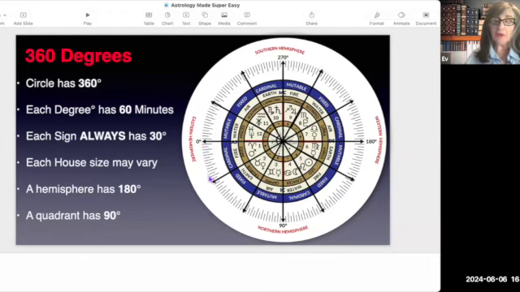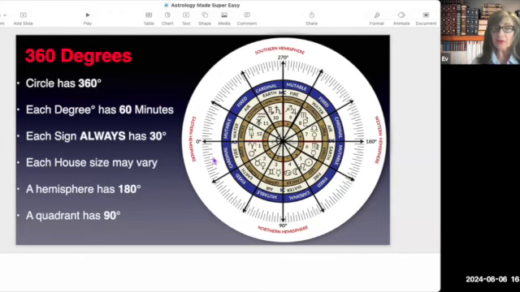So there should be 30 little hash marks. So each house, each sign in this demonstration of the natural wheel is 30 degrees, which is not the case in your natal chart.